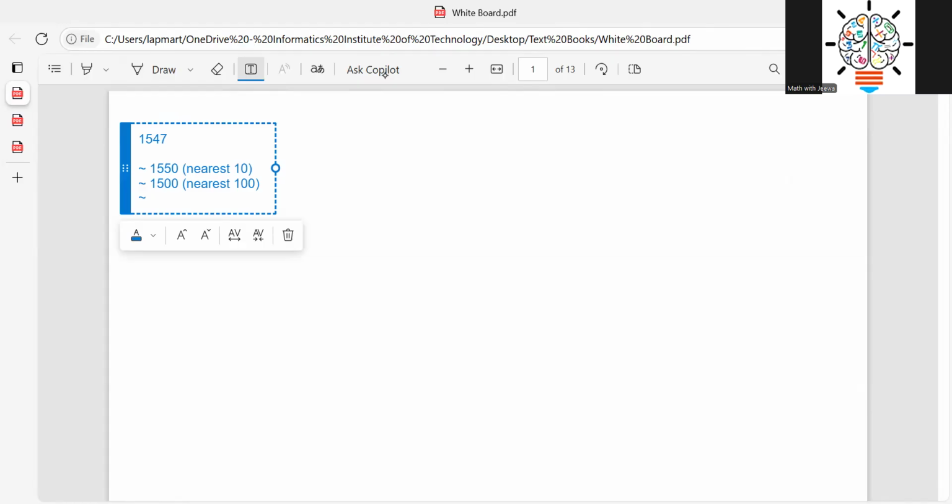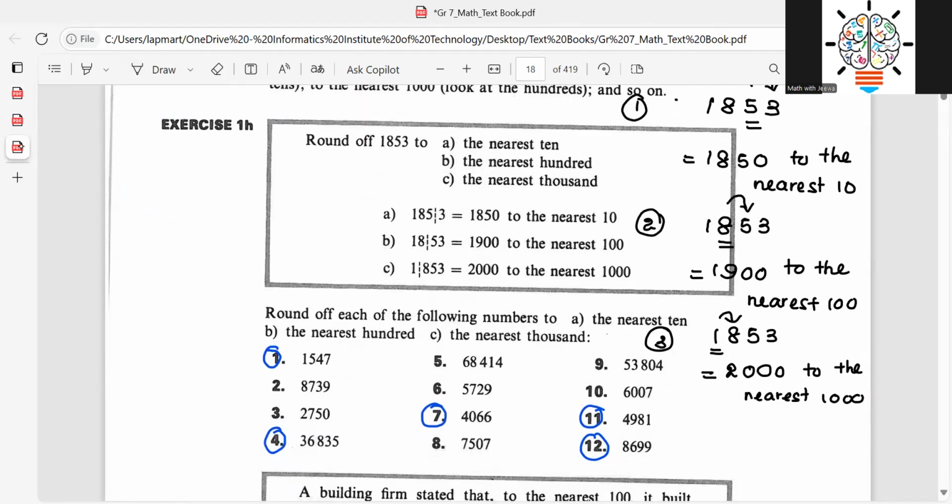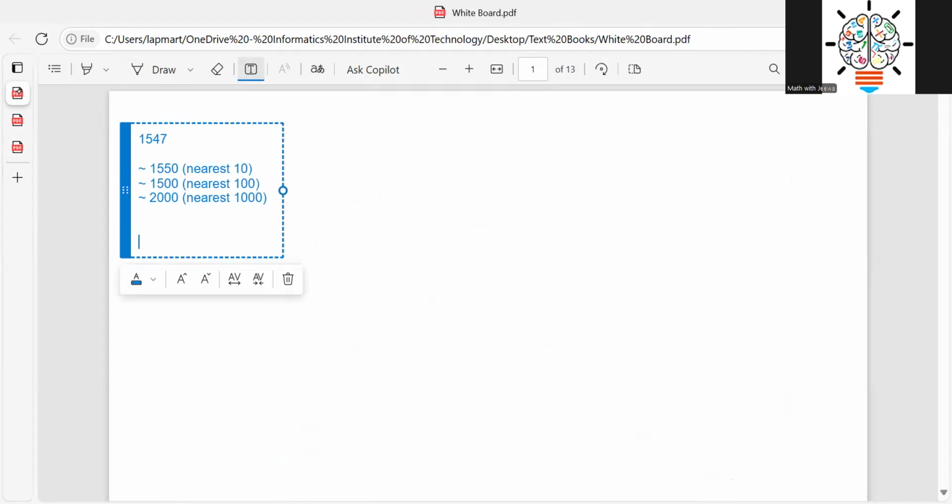So then we will move to the next sum. What is the value we have here? 36,835, right? So what am I going to do with the nearest 10? I mark the tens place, it is 3. Which 3? The number between 8 and 5. So then the next number is 5. If the next number is 5 or more than 5, children, what are we supposed to do? We need to add 1.